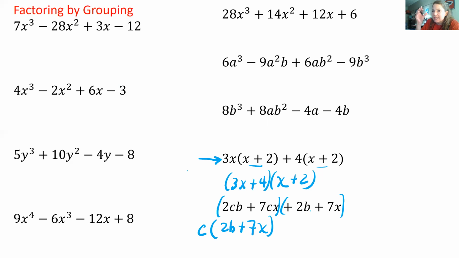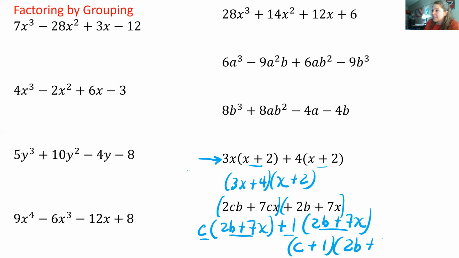So even if you aren't really technically dividing it and changing the numbers, you still have to write the plus 1, because after we see that our parentheses match, to get that other set of parentheses, remember, you put together what's left, and that plus 1 is part of the answer. So the final answer is c plus 1 times 2b plus 7x. That's officially the correct answer, because if you FOIL this now, it would equal this. If you only wrote down a c and you FOILed it, or used the distributive property, it would not equal that. Okay, so you gotta be careful.